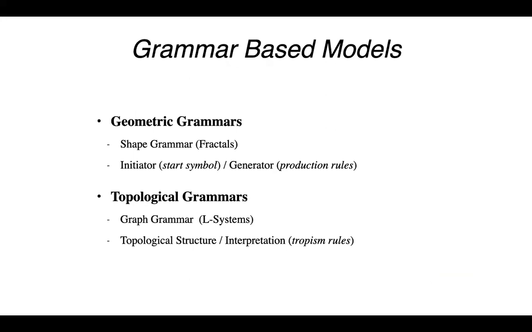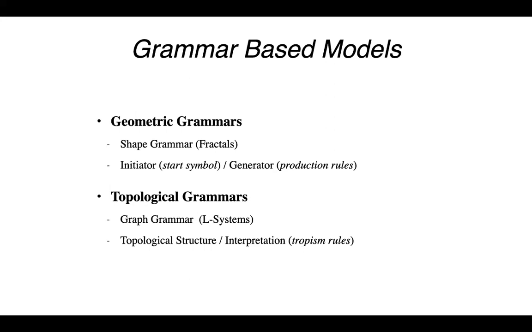Okay, now we are going to talk about grammar-based models, and some grammar-based models are also used to create the structure of these evolution processes, but using a different kind of procedural method, right? So we have basically geometric grammars and topological grammars, and the topological grammars are suitable to describe plants and these evolving mechanisms.